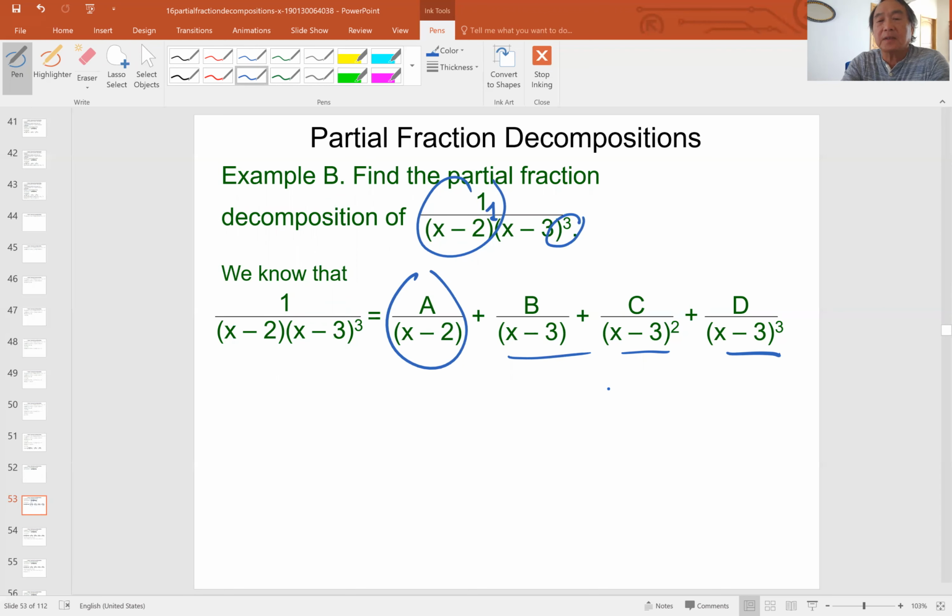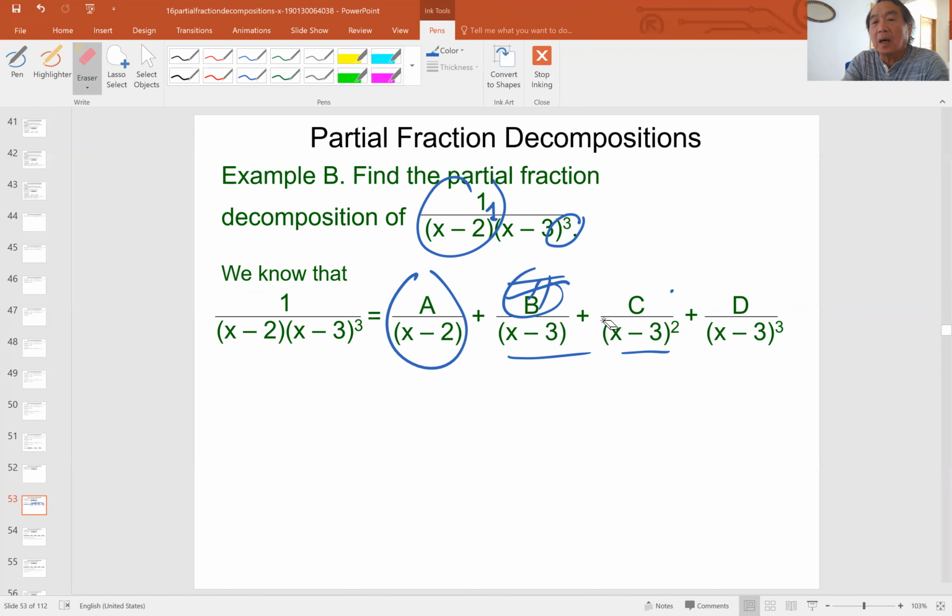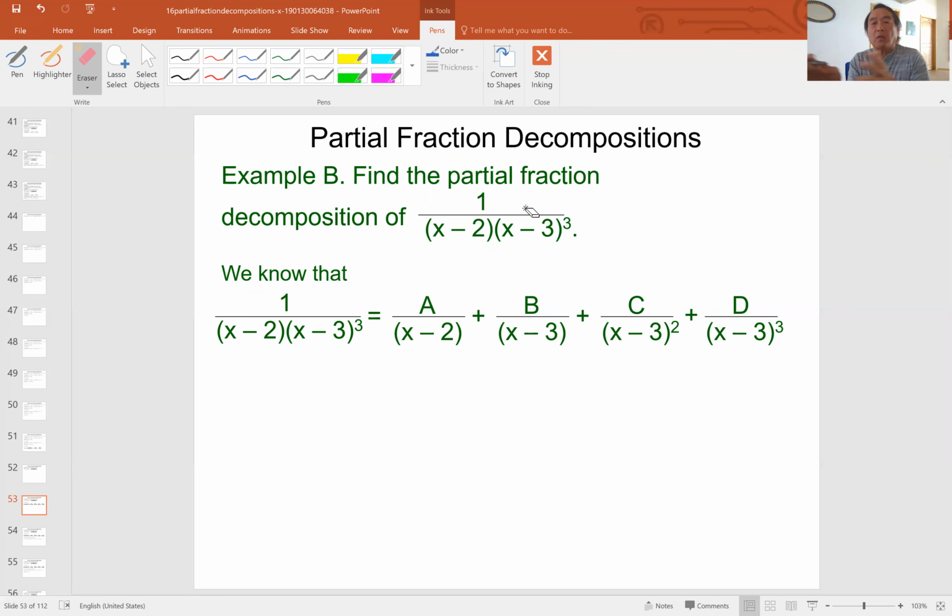Fortunately, there's no square, so they all have just numbers on top. So there's a number, number, number. This is the format it will break up into. The first thing you have to do correctly is read what format it breaks into. Once you have that, the next thing is to fish out A, B, C, D.